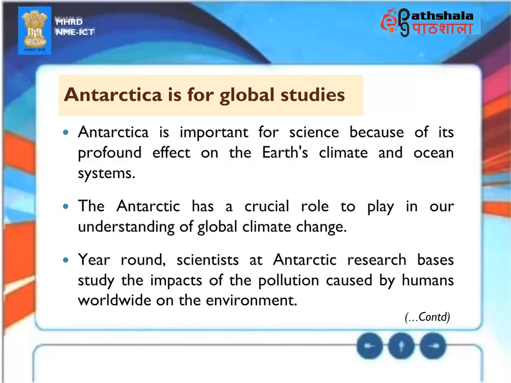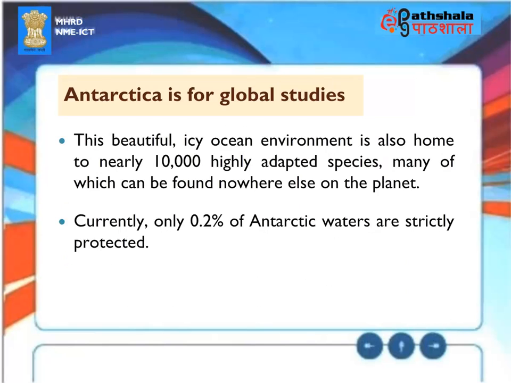Antarctica is for global studies. Antarctica is important for science because of its profound effect on the Earth's climate and ocean systems. The Antarctic has a crucial role to play in our understanding of global climate change. Year-round, scientists at Antarctic research bases study the impacts of the pollution caused by humans worldwide on the environment.